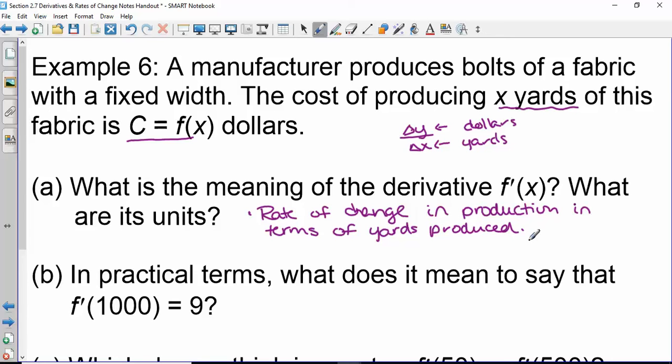The rate of change is telling me how my production is changing, what's happening at any particular x value. When I asked for the units, we said, well, it's a slope, change in y over change in x. So my units, this would be dollars, and a division is like a per, yard.